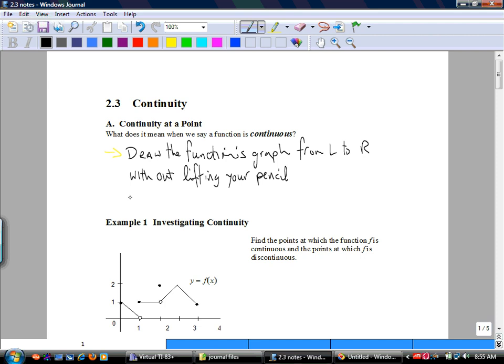But okay, I'll put it here. The limit as x approaches a of f of x has to equal f of a for all x's in the domain.